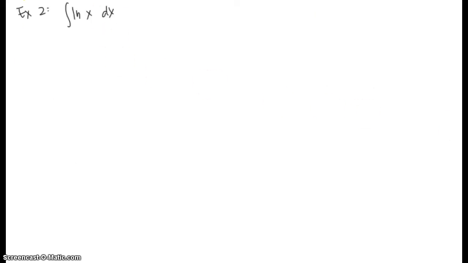Let's try example 2. Example 2 is the antiderivative of natural log of x dx. The derivative of natural log is 1 over x. Let's see what to do here. So what we're going to do is make this look like the integral of u dv, making those parallel, and then that's going to equal uv minus v du.